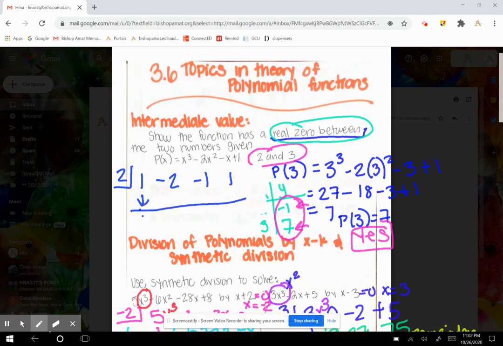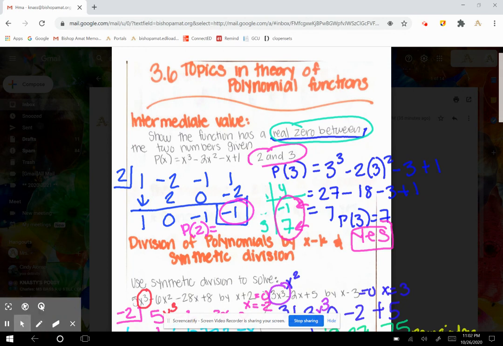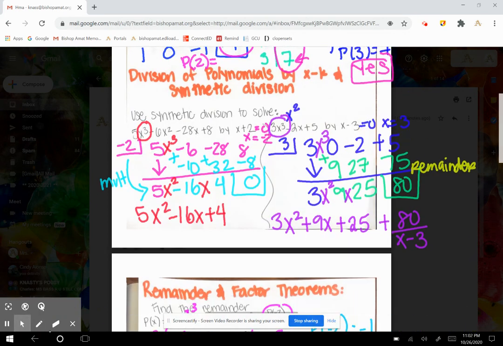Drop the 1 down. That gets me 2, 0, 0, -1, -2, -1. So my remainder, if I use the remainder theorem, p of 2 equals my remainder, -1, and that's what we got before. So that's how it all connects.